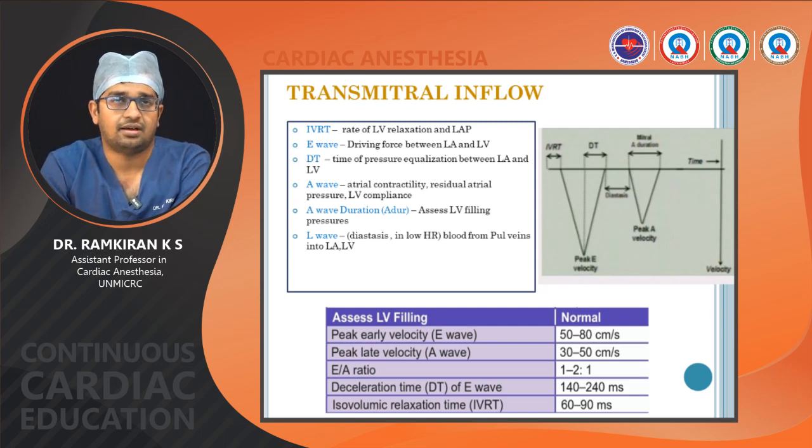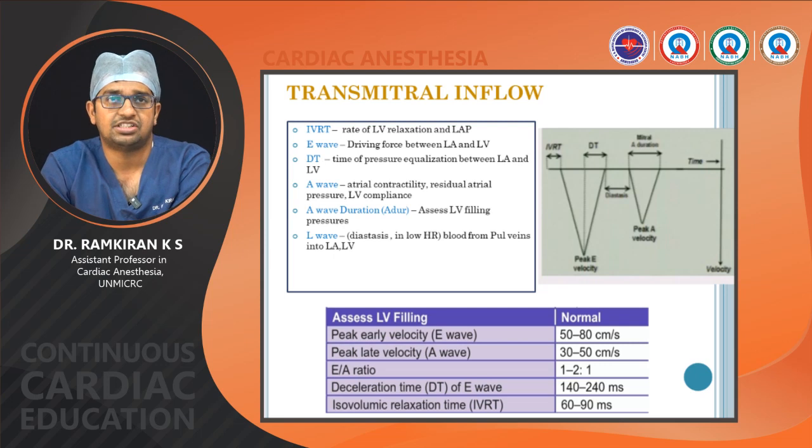So what are the various things we look into? That is the transmitral inflow. If you see the transmitral inflow, you can see two waves, the peak E wave and the A wave, and a phase of diastasis in between. Apart from that, you have other things like isovolumetric relaxation time, that is the rate of LV relaxation, and LAP.